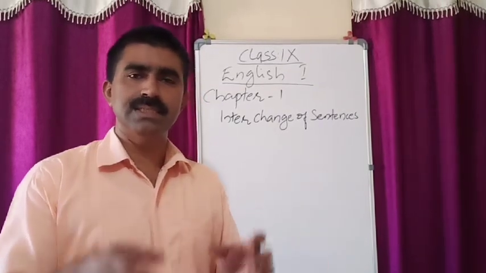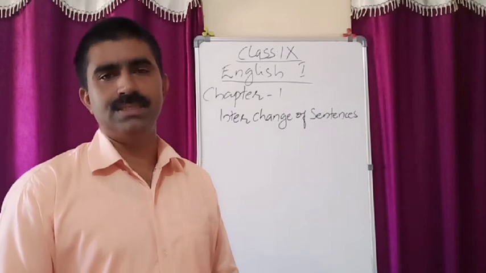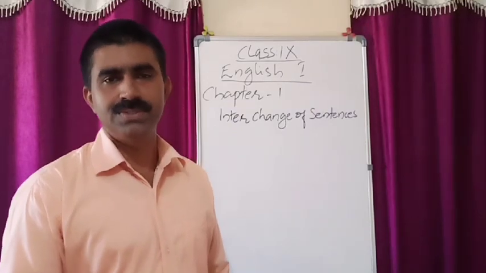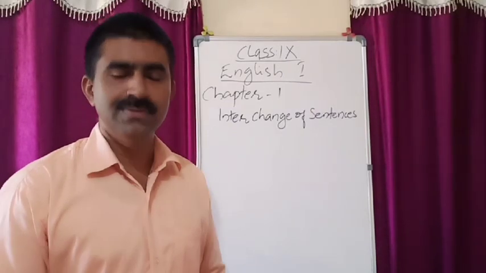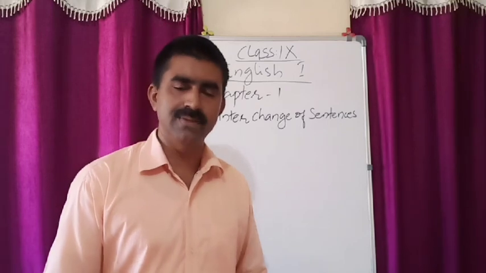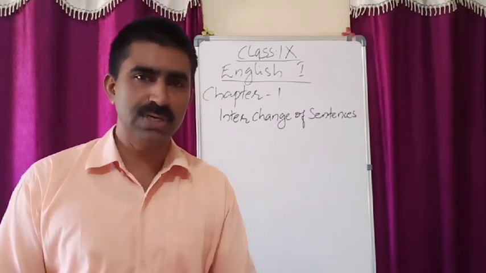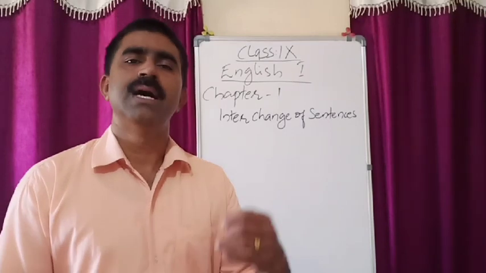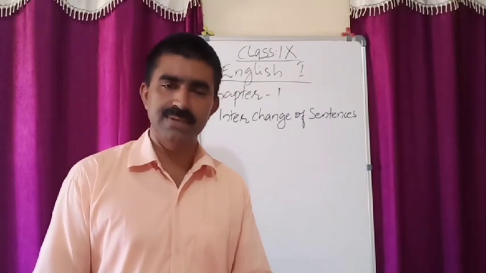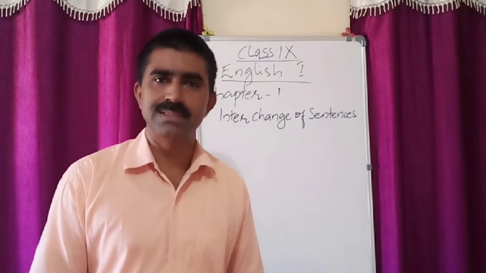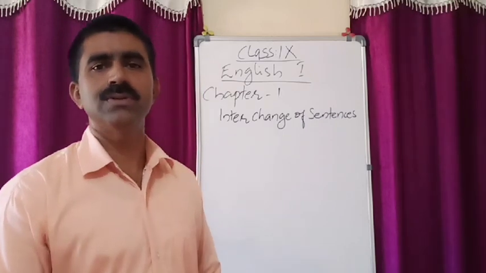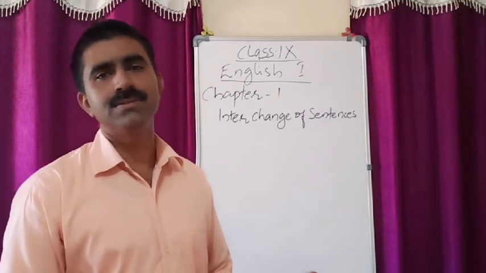When we change sentences, first we should know what a sentence is. A sentence is a group of words which has a subject and predicate and which gives complete sense. Sentences are divided into 4 categories: assertive, imperative, interrogative, and exclamatory. That is quite natural, and we all know it, so there is no need for much explanation.